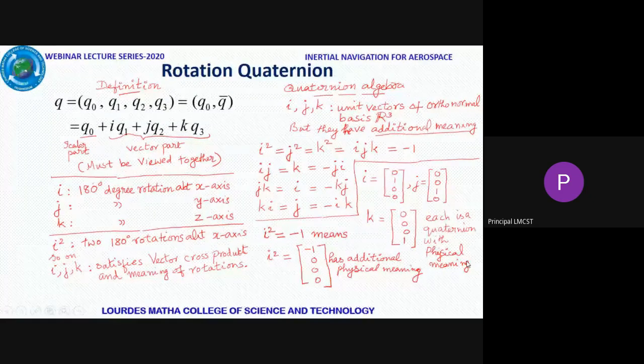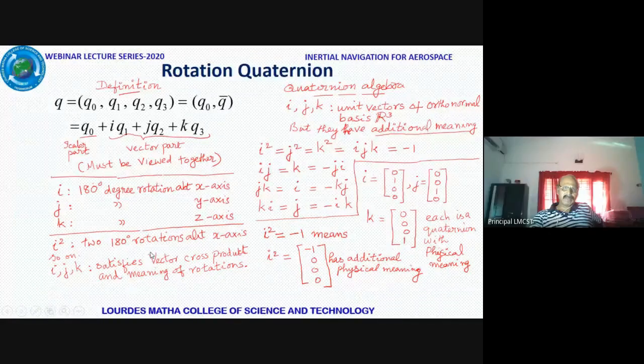Each is a quaternion with a physical meaning that we will come to. It is not simply telling like this, it has got physical meaning. Now, what is that physical meaning? I have a diagram, I will explain it to you. Before telling this, let me go straight to that diagram.